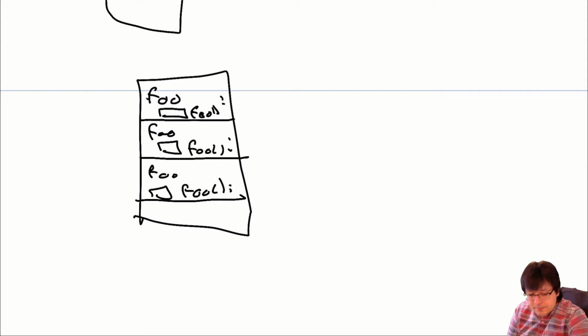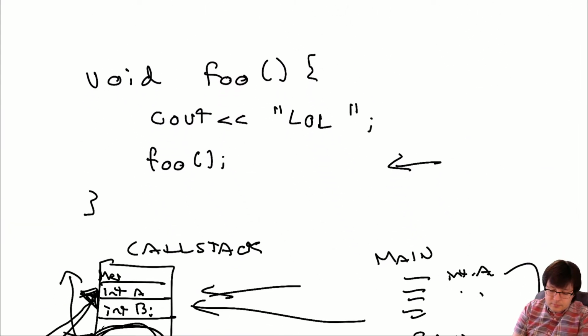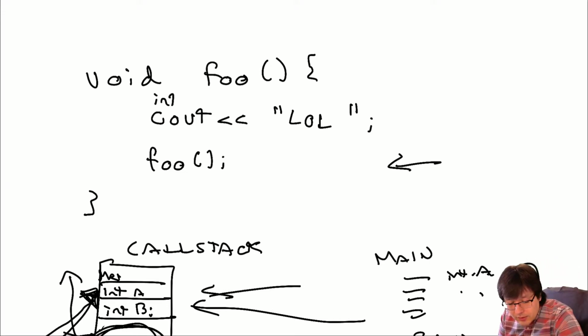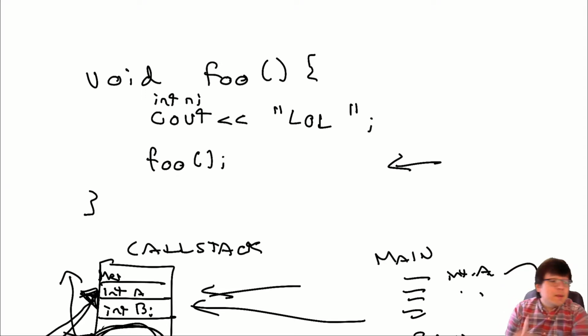Here's the problem. Each of those, even though there are no local variables, is going to take a little bit of memory. If we had a random variable here, it would take even more memory, because every time I make a foo, it allocates 4 bytes for that integer.